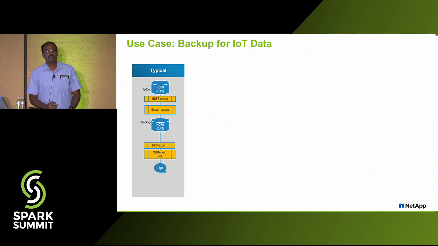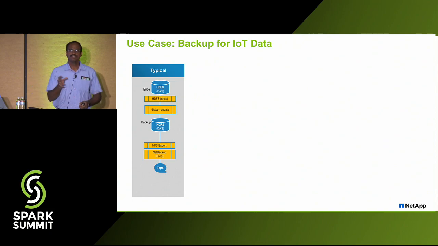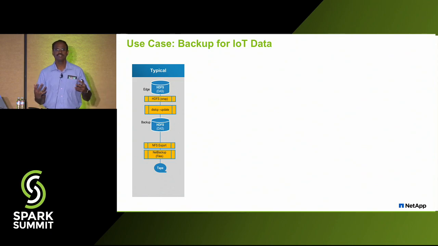The one problem they have here is performance. When they use the HDFS NFS gateway, during the copy of data it consumes a lot of Hadoop resources from all the nodes. That means it affects their performance.